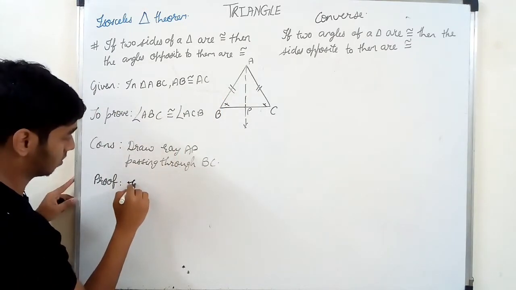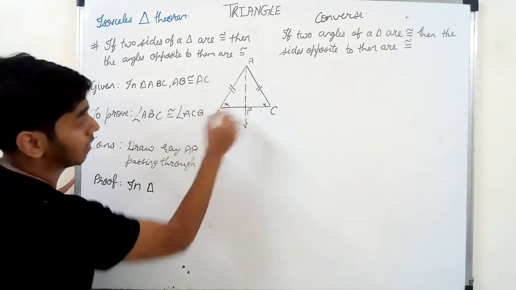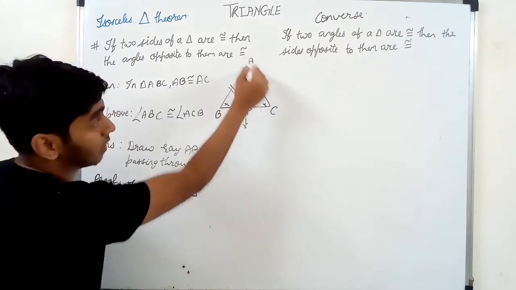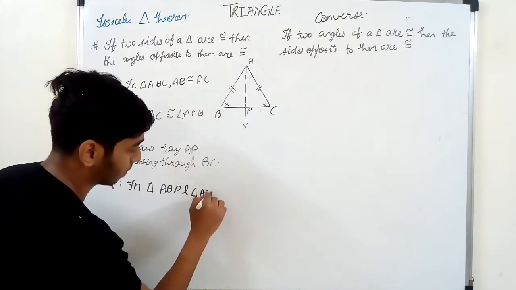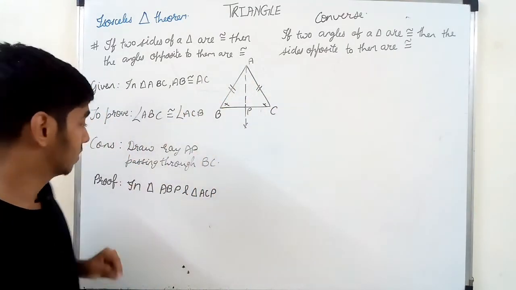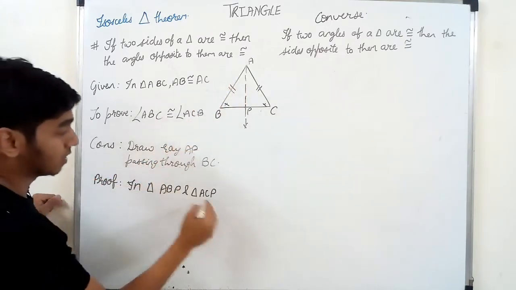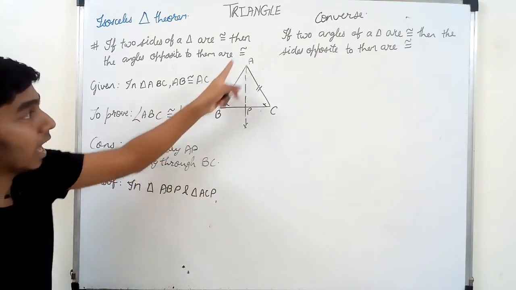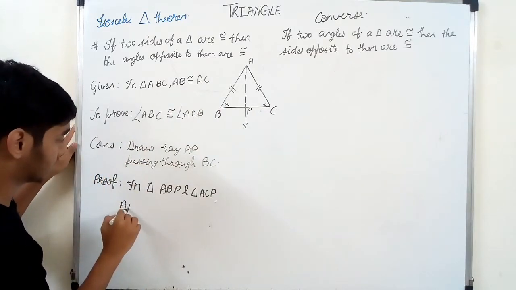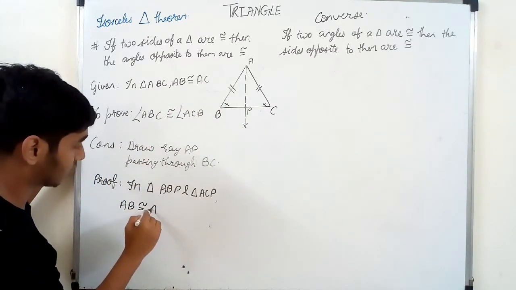So let's consider these two triangles: triangle ABP and triangle ACP. What is given here, AB and AC, they are congruent, so we write that AB is congruent to AC.